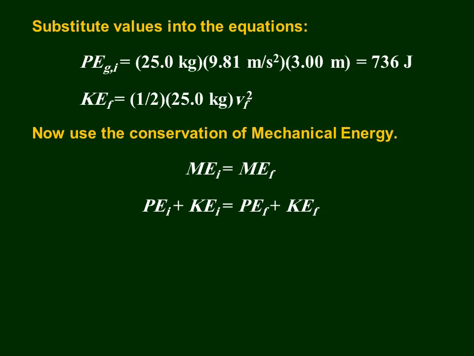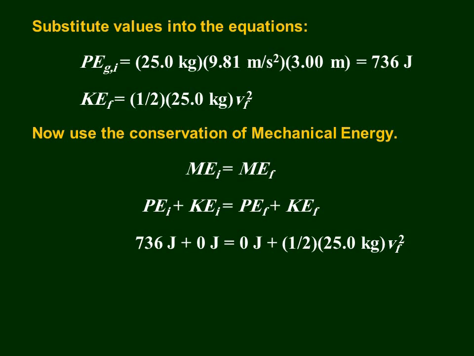The initial potential energy we calculated to be 736 joules. Initial kinetic energy equals 0 because it starts from rest. Final potential energy equals 0 because it reaches the ground, the height equals 0.